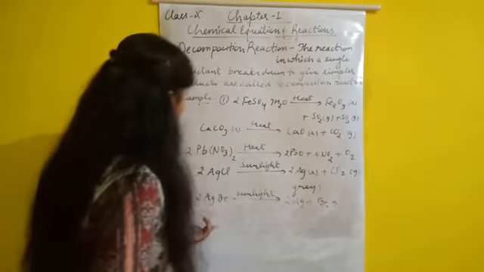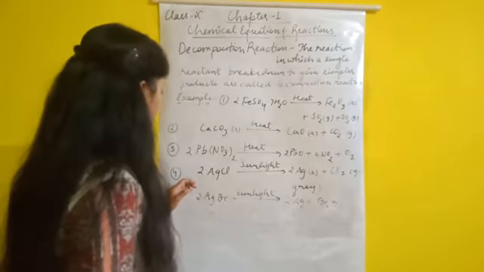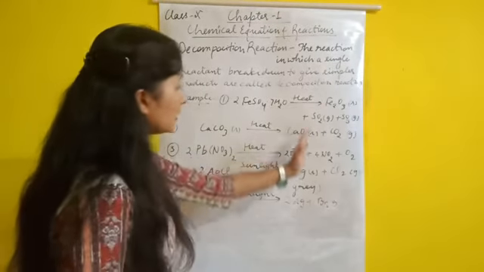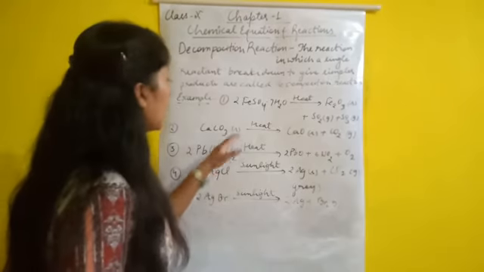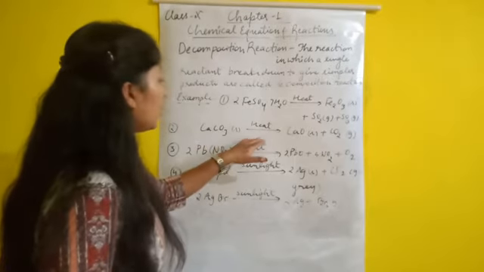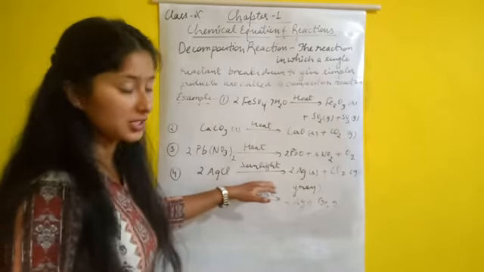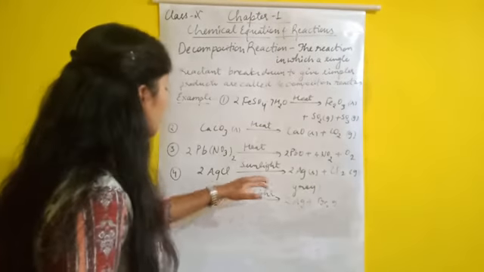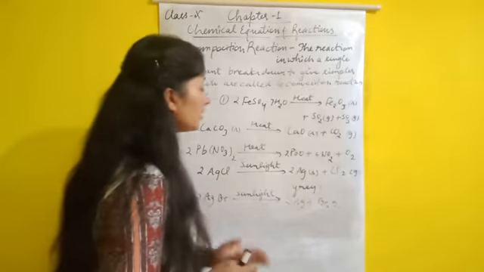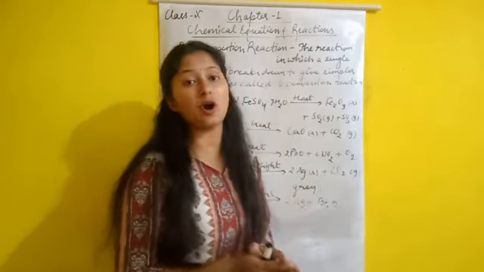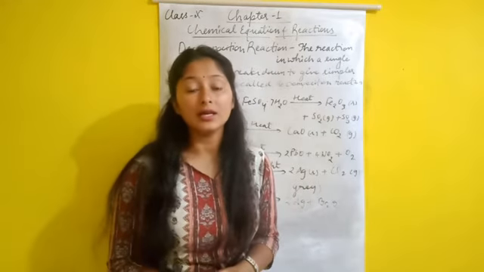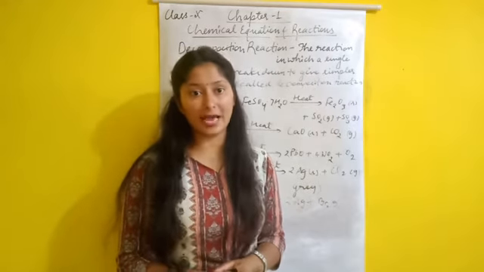Then moving to an important phenomenon: in all these reactions, energy is required in the form of heat, light and electricity. Reactions in which heat is absorbed are called endothermic reactions.